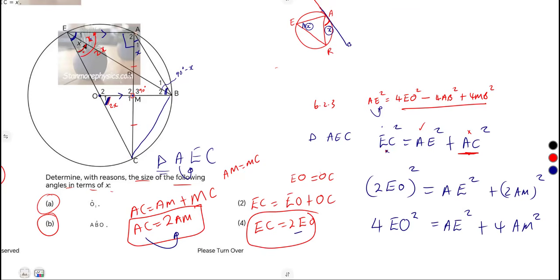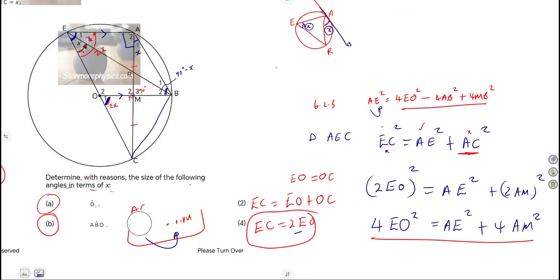But we are limited in this right-angled triangle. So do we have any other right-angled triangle that we can use besides this EBC? We cannot work with that EBC. Another right-angled triangle that I can figure out is this one that has got these letters, because I need BM.